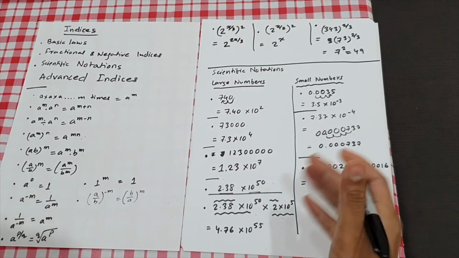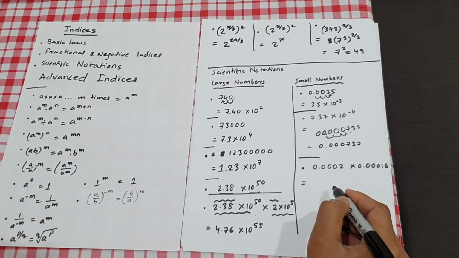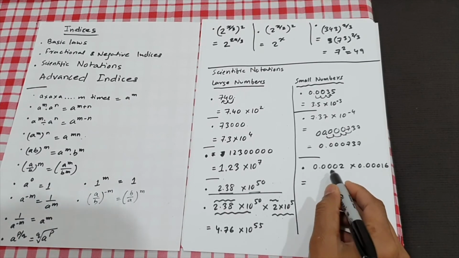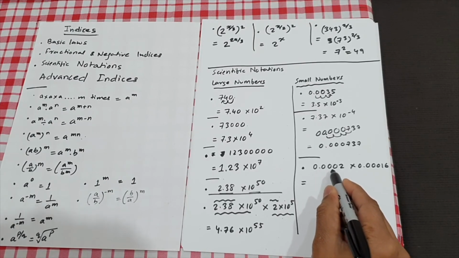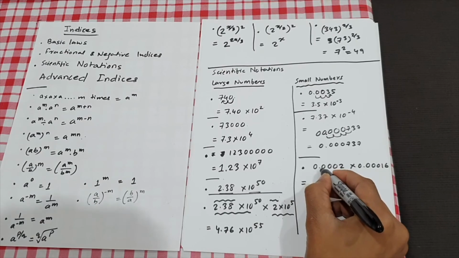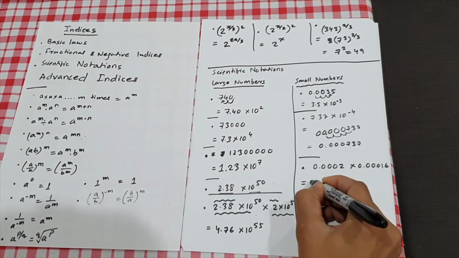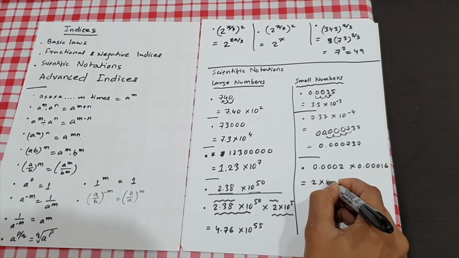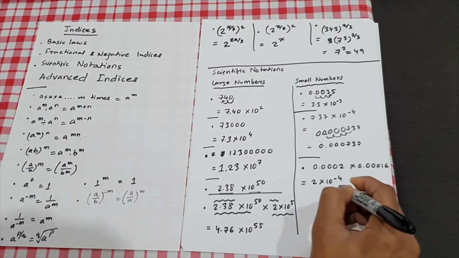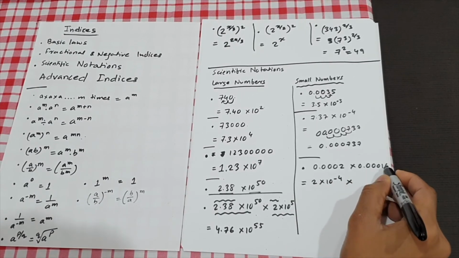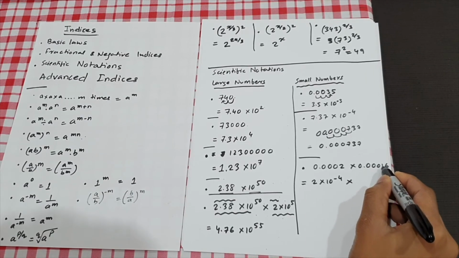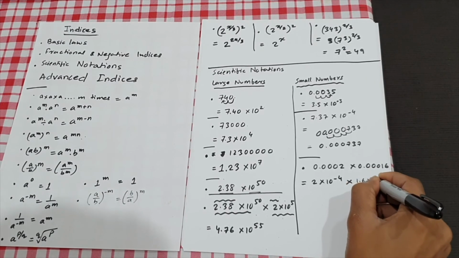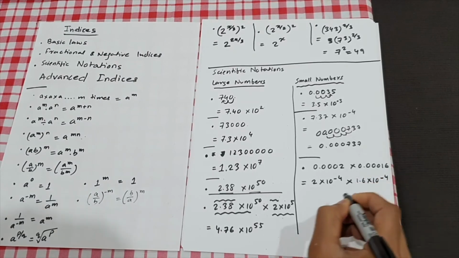We can multiply them like this, or we can use standard notation. I am moving towards the right, so I get negative indices: 1, 2, 3, 4. So this is 2 times 10 to the power minus 4, and for this also I have to move towards the right, 1, 2, 3, 4, 1.6 times 10 to the power minus 4.